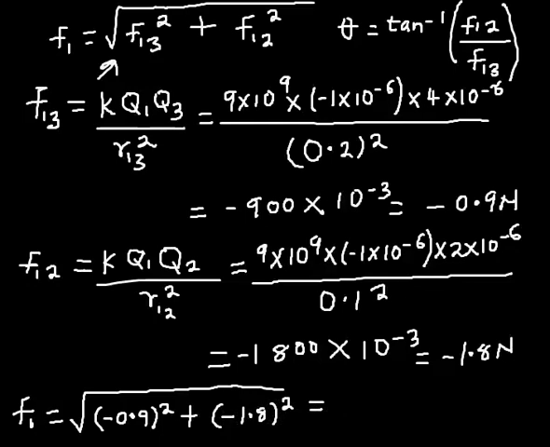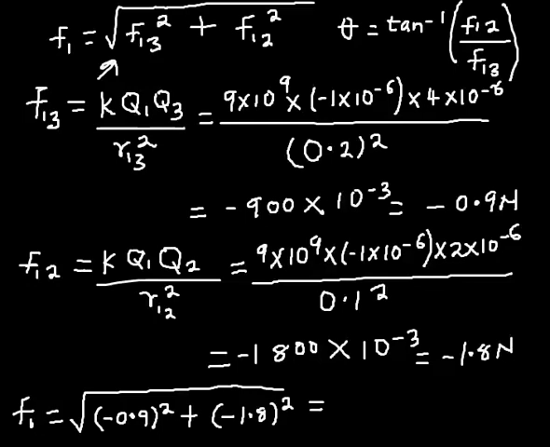1.8 square, what do I have? That's 3.24. Of course, when you square a minus, it will give you plus. Then 0.9 square should give me 0.81, plus 3.24.